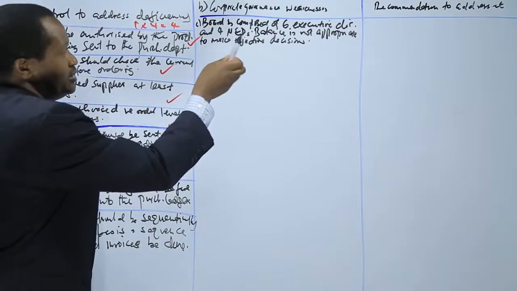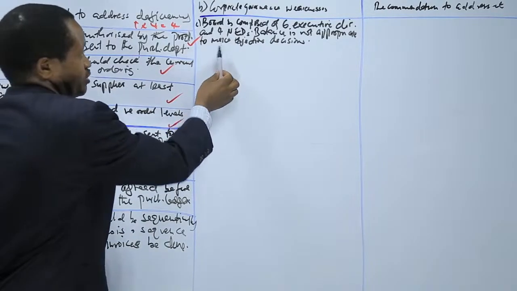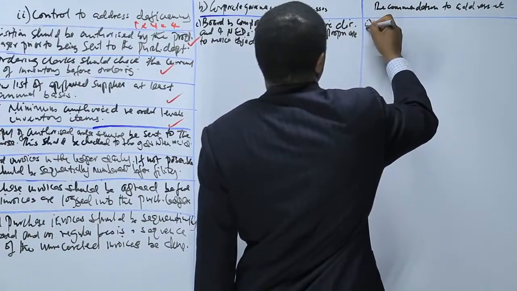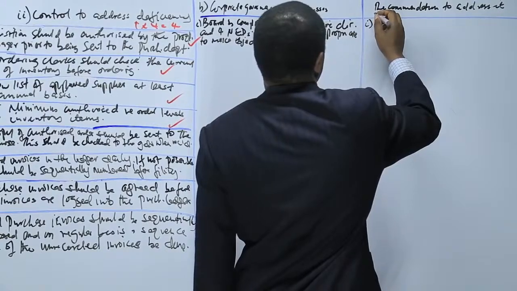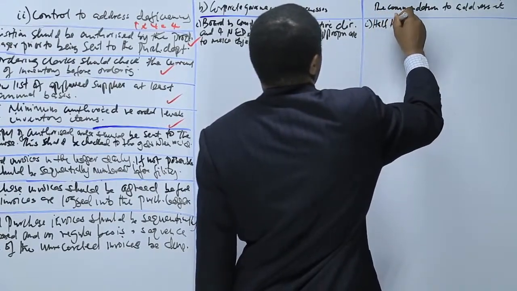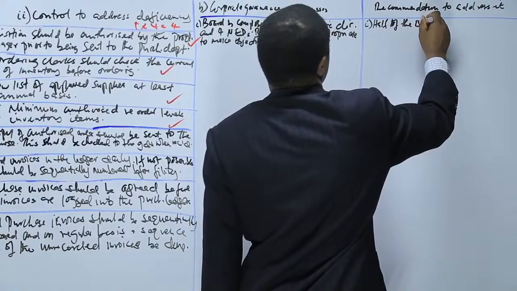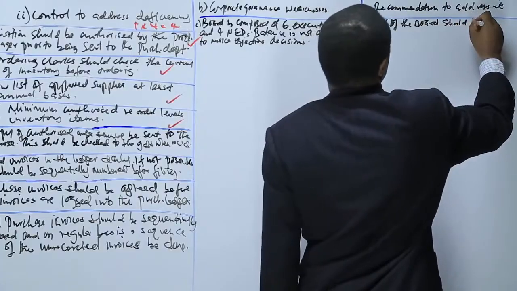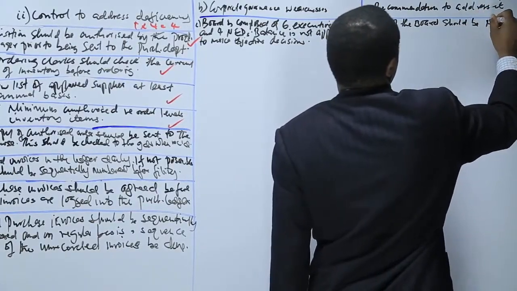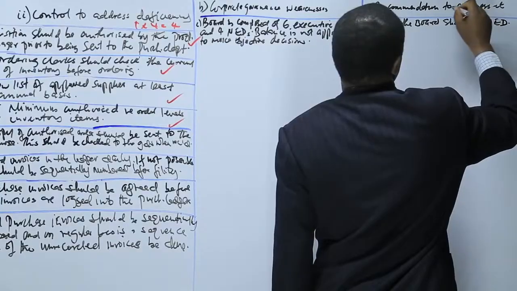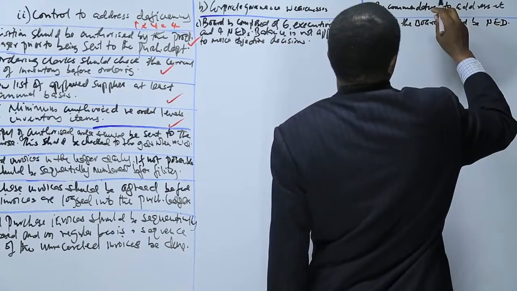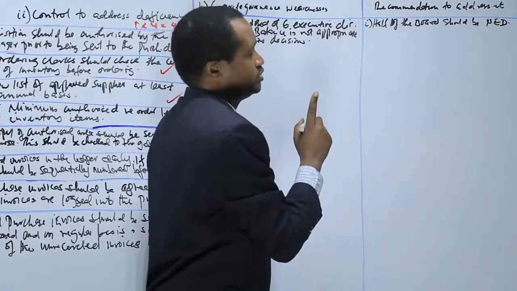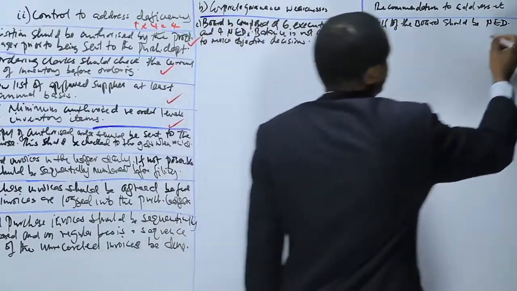So what is the suggested recommendation to address this problem? Recommendation. Half of the board should be comprised of the non-executive directors. A half of the board should comprise non-executive directors.